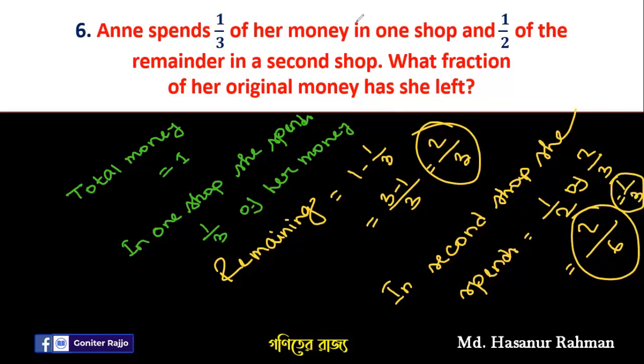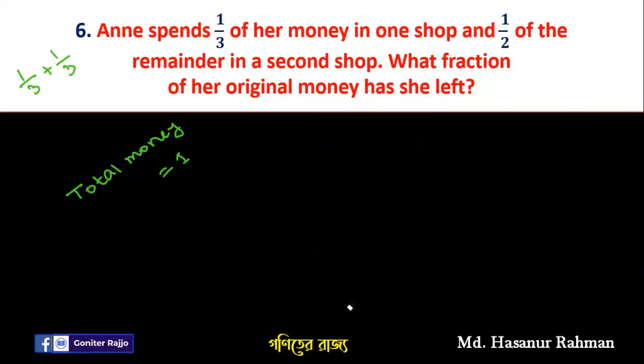Okay. That means Anne spends 1/3 of her money in the first shop and 1 by 3 of her money in the second shop. So 1/3 plus 1/3 she already spent. So what will be left? That will be our final answer, because the question asks what fraction of her original money has she left. Now we can write in this way.